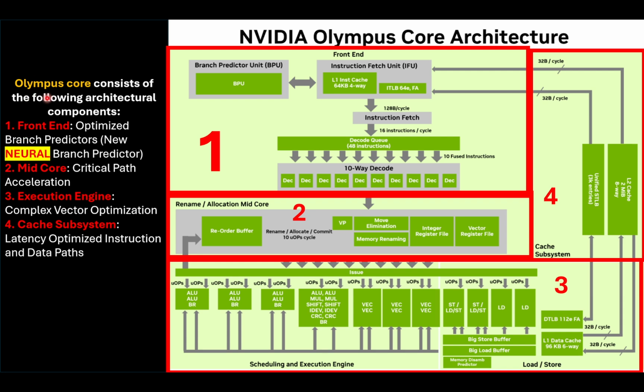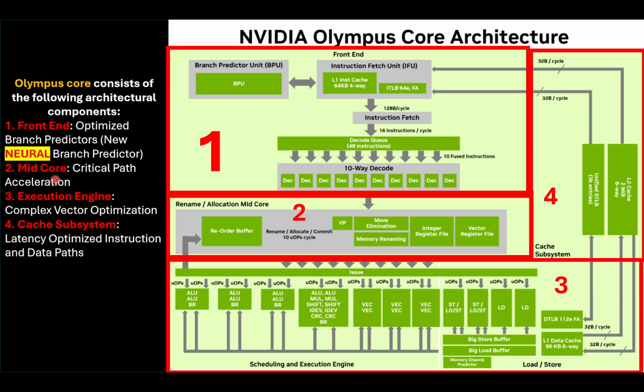So we are talking particularly about one Olympus core and its own architecture, inside one of these 88 Olympus cores. The Olympus core consists of the following architecture components. First is the front end: optimized branch predictors, with a new neural branch predictor, with the accent on the neural.